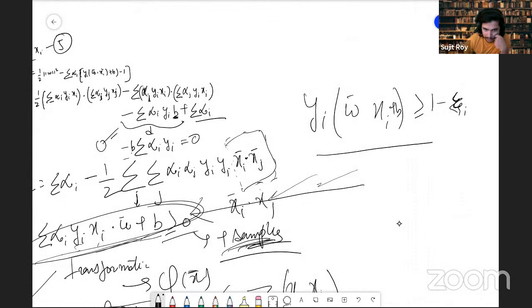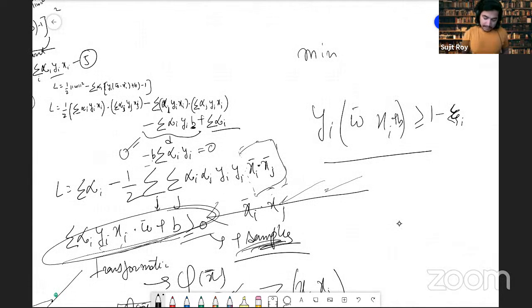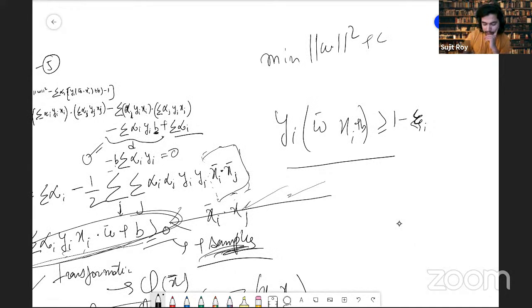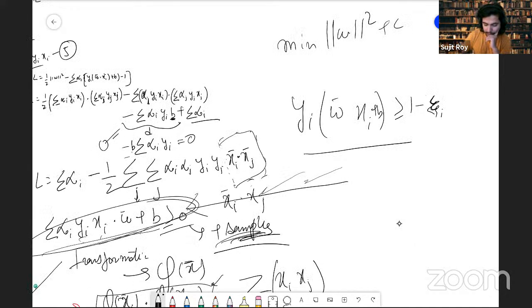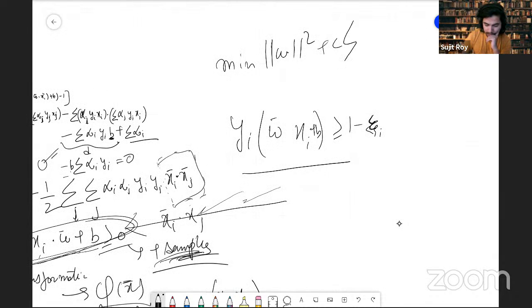The optimization problem that will come from here will be the minimum, and it comes back to the same thing with the cost function, and we have this term that we have introduced now.